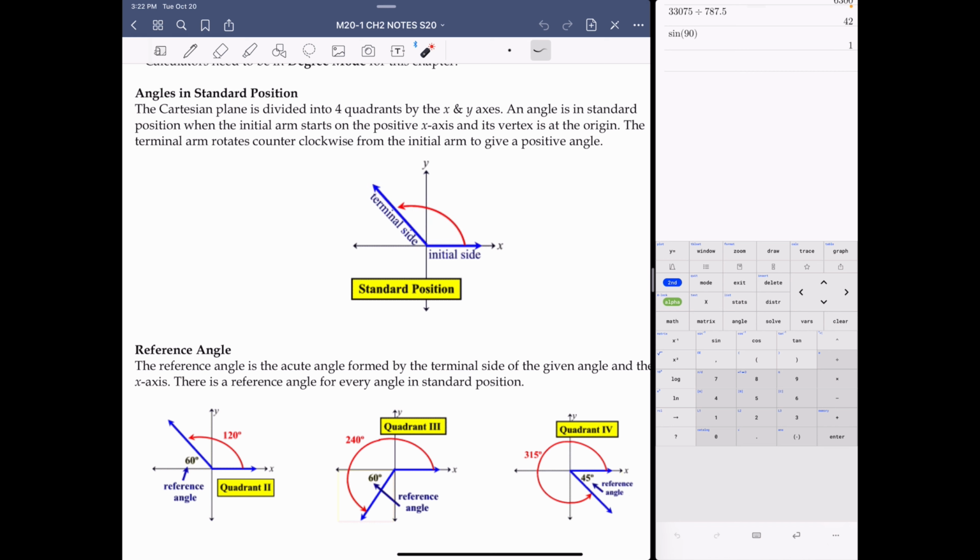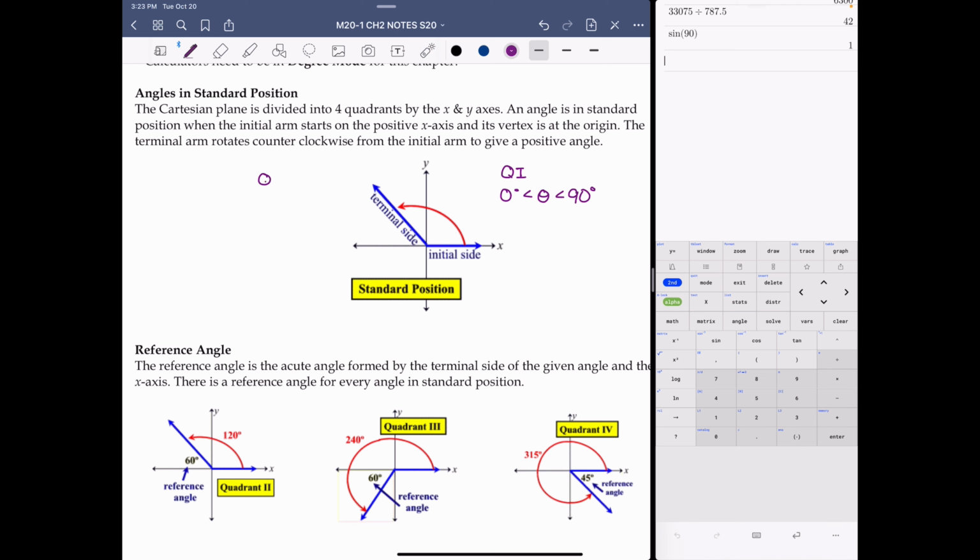Looking at the angles that we get in the 4 quadrants, in quadrant 1, we have angles between 0 degrees and 90 degrees. So theta is greater than 0, but less than 90 degrees. And each of our quadrants in the Cartesian plane is 90 degrees, so we can figure out what angles we can have in each quadrant.